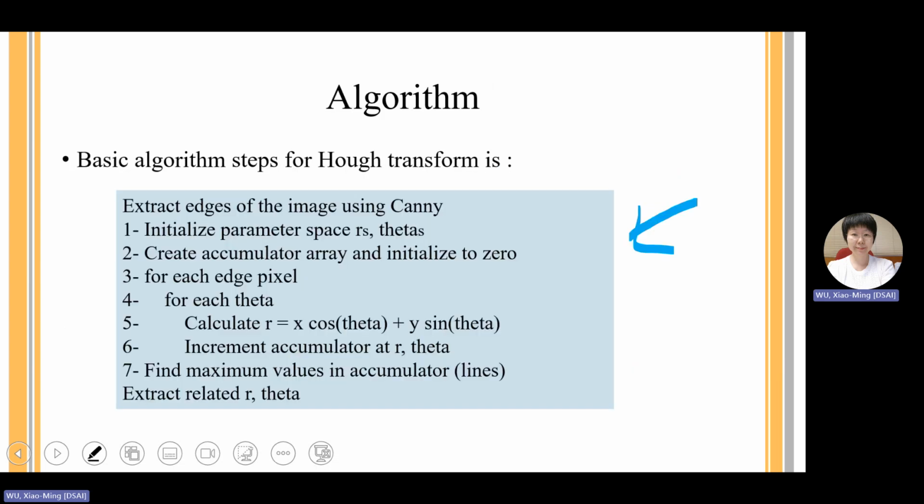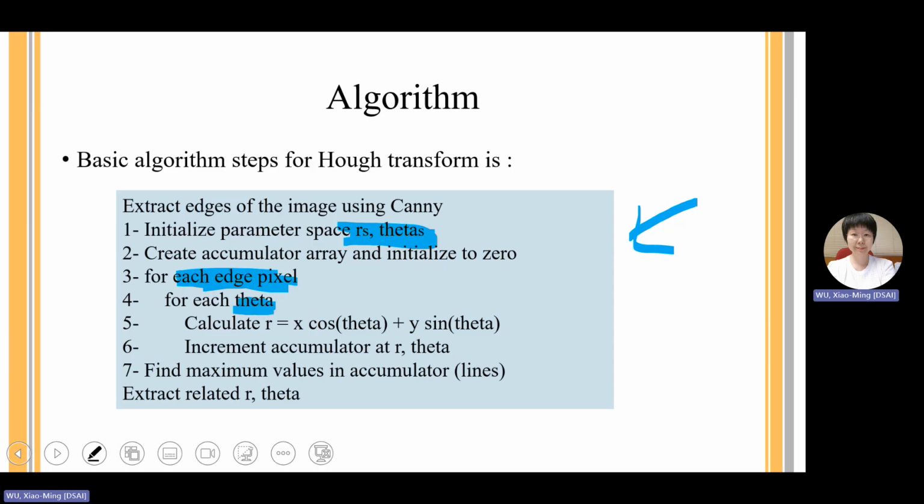But we quantize rho theta. And for each edge pixel, we just calculate a few thetas.